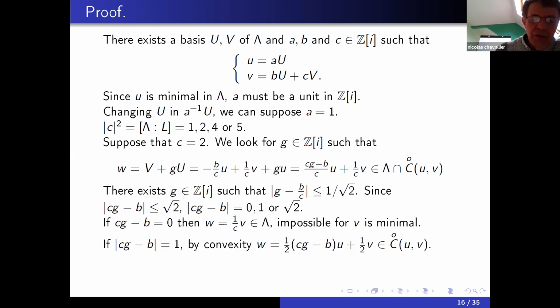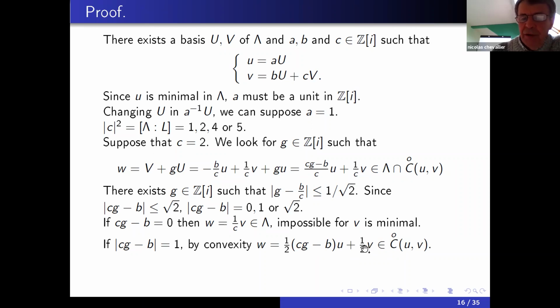If the modulus is 1, then you look at what you obtain. You obtain W is 1/2 times a complex number of modulus 1 times U plus 1/2 of V. This vector G minus B times U is still in the cylinder CUV.